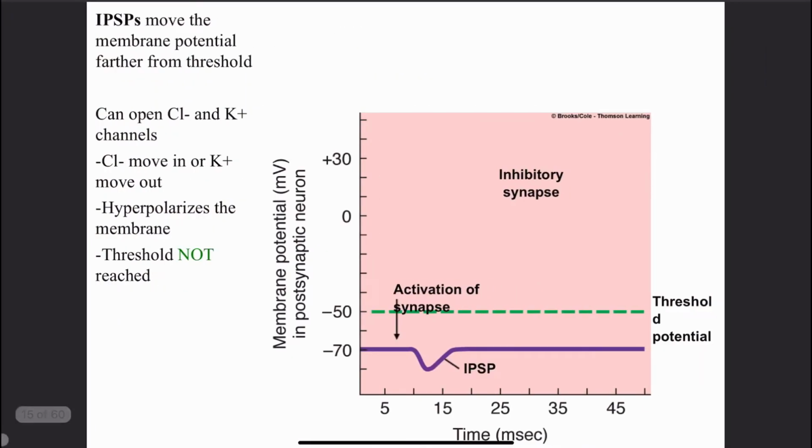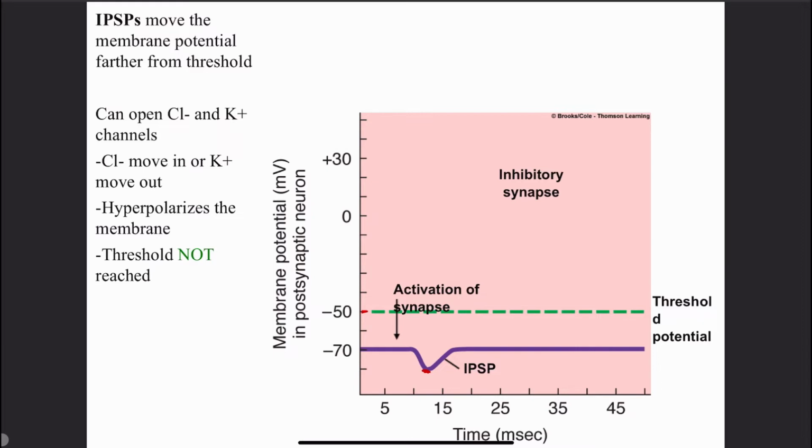An inhibitory postsynaptic potential is going to do the opposite of that. It's going to move the membrane potential further away from the threshold, so it's going to make it harder for an action potential to occur. This can happen by opening chloride channels or potassium channels.